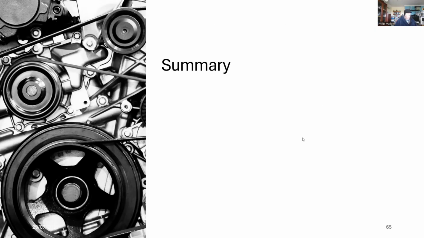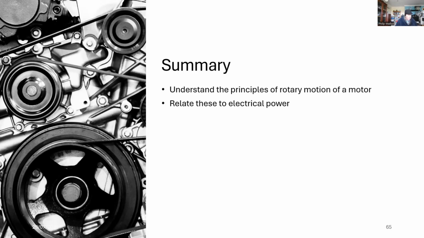So in summary, what I've reviewed in this video is understanding the principles of rotary motion of a DC motor, and I've related those to the electrical power and other electrical parameters.